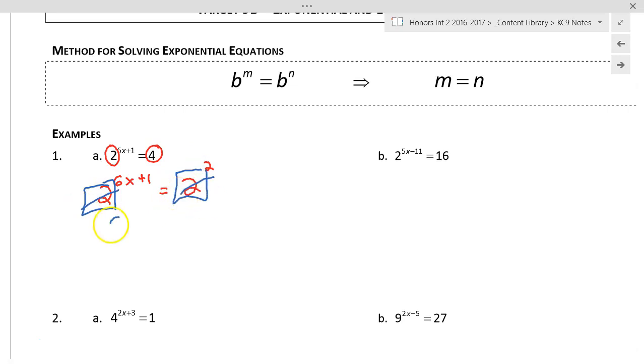All I'm left with is 6x plus 1 equals 2. And now I'm solving an equation. I'm going to subtract 1 from both sides. 6x equals 1. Divide both sides by 6. X equals 1/6. And that is it.